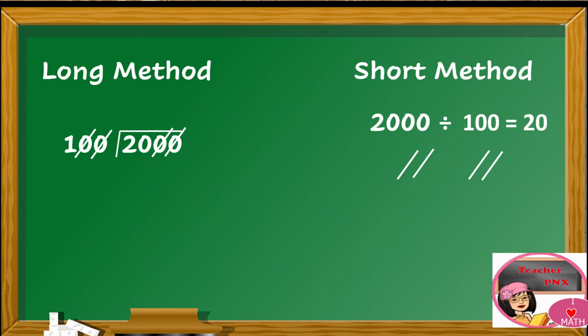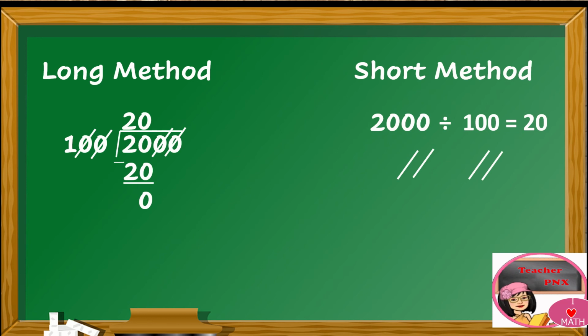Then, 20 divided by 1 is equivalent to 20. 20 times 1 is 20. Then 20 minus 20 will now become 0. So the answer in the long method is 20.